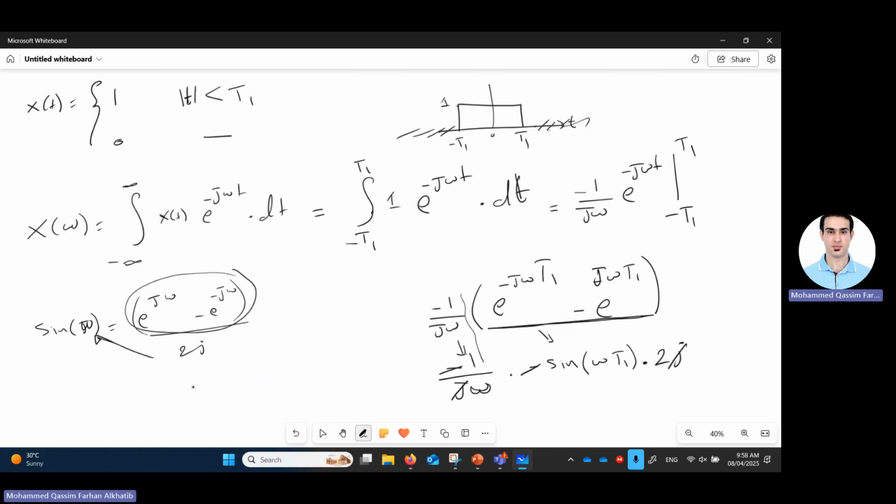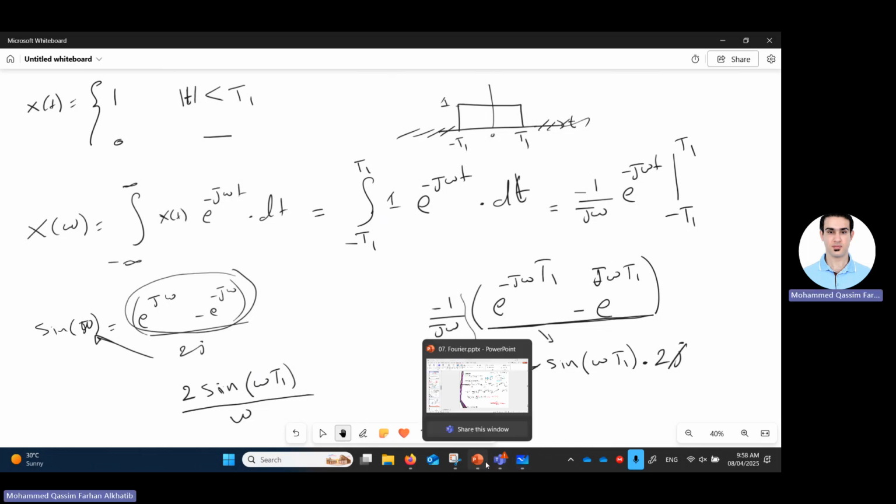So I will have 2 sine omega t1 over omega. And that's it.